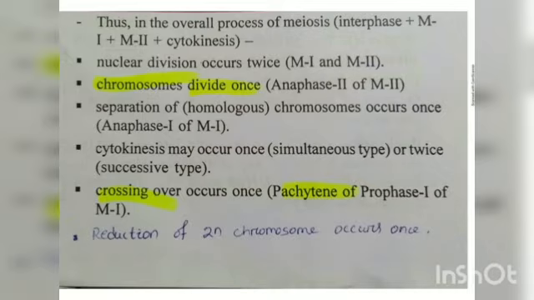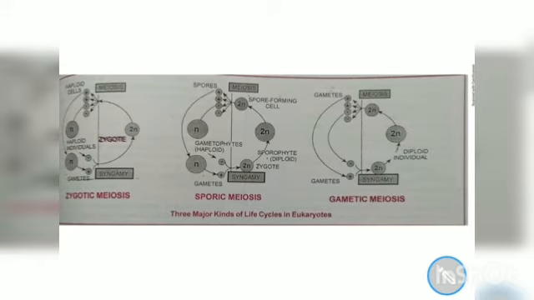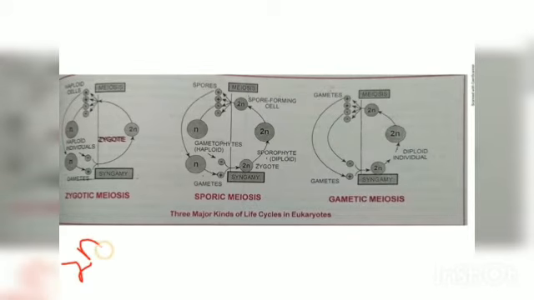Now comes the point of discussion that meiosis again is of three types. One is zygotic meiosis, next one is sporic meiosis, the final one is gametic meiosis. Look at here. The zygotic meiosis occurs in the diploid zygotic nucleus that forms after fertilization, or you can call it syngamy.